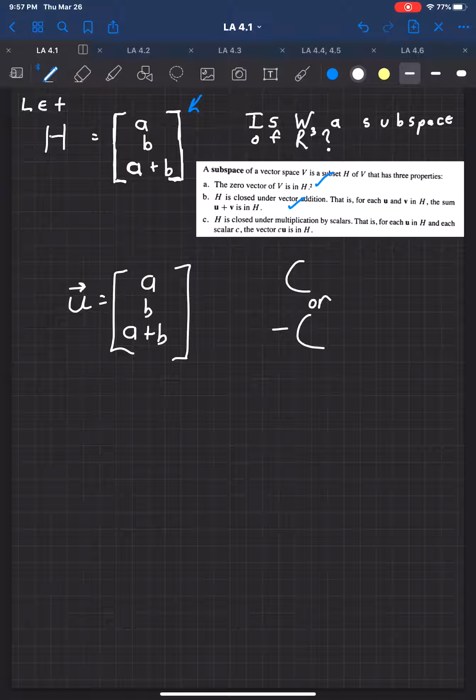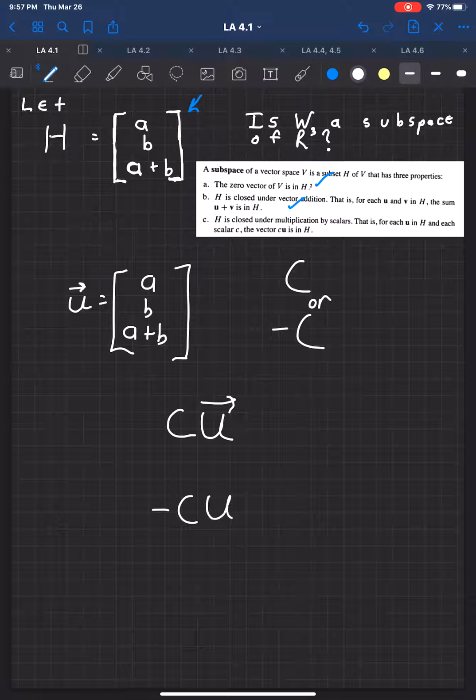But what we can do is think about a positive scalar multiplied to vector u, or a negative scalar multiplied to vector u. And we just want to see if either one of these is going to be problematic. Let's start with a positive scalar.